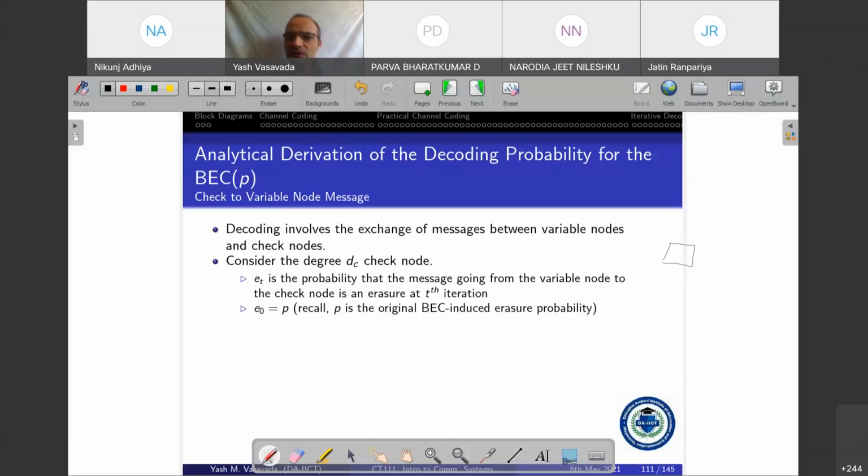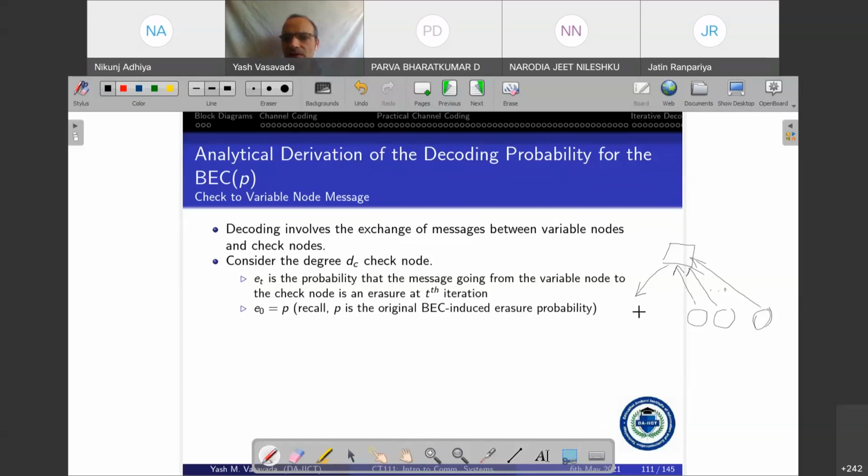I want to know the erasure probability on an outgoing message coming out of this check node when the remaining DC minus 1 messages are coming in from connected variable nodes.